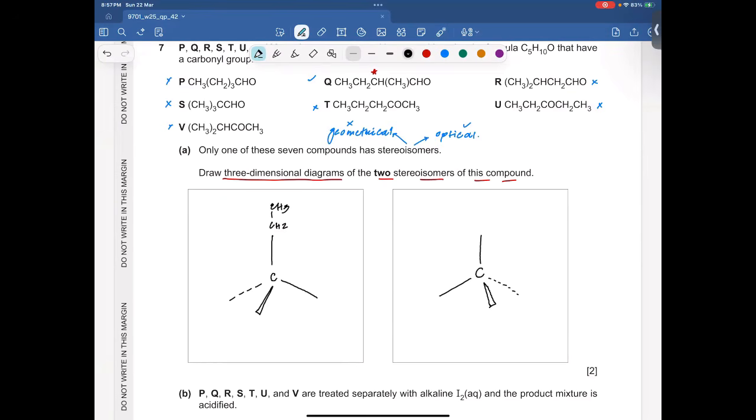I'm going to write CHO here, hydrogen, and this is going to be CH3. So it's going to be CH2CH3, CHO, H, and CH3. So these are the mirror images of each other.